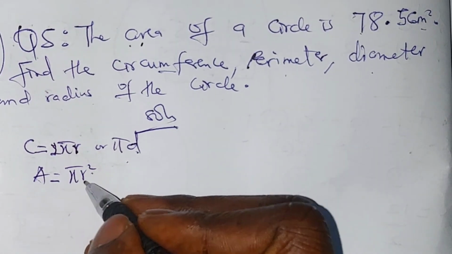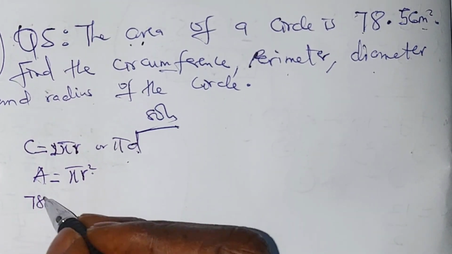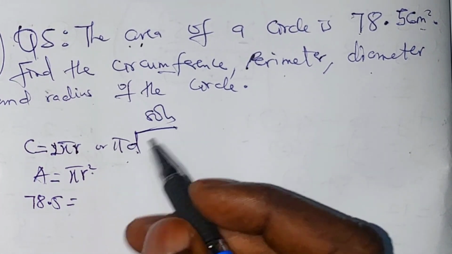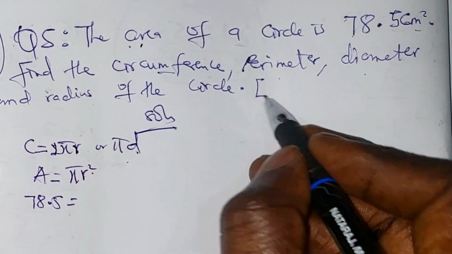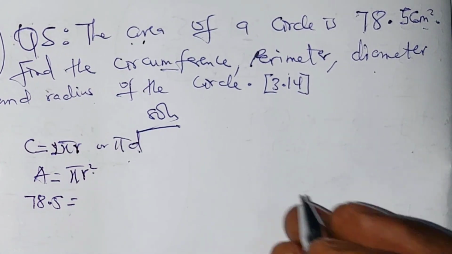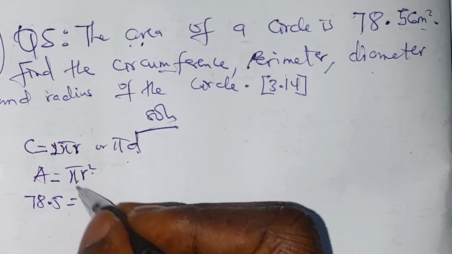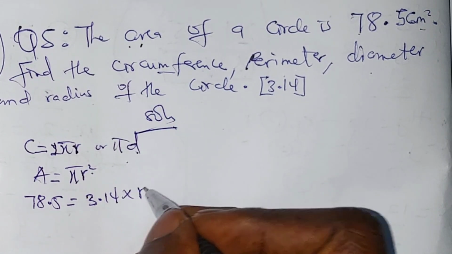With this, we can find our radius easily. Our area is 78.5. I'm just ignoring the units for now; later we bring them. Pi should be 3.14, so let's use 3.14.